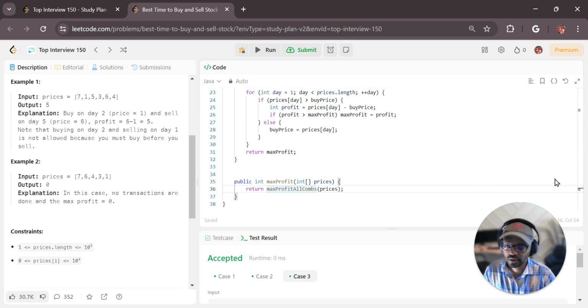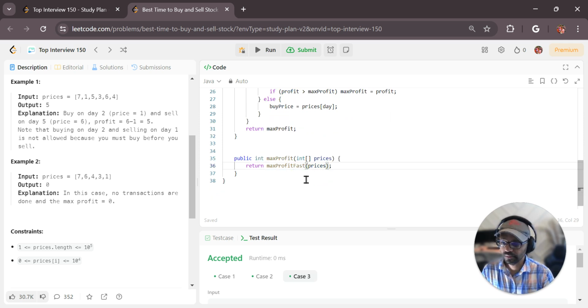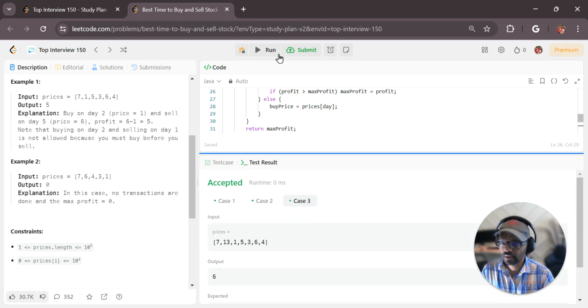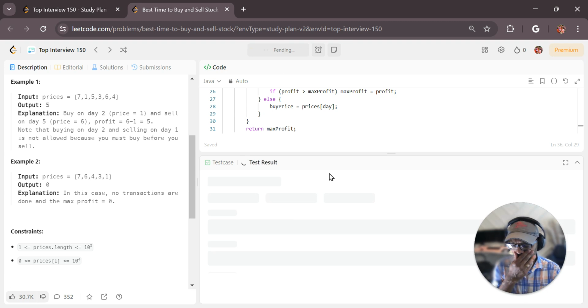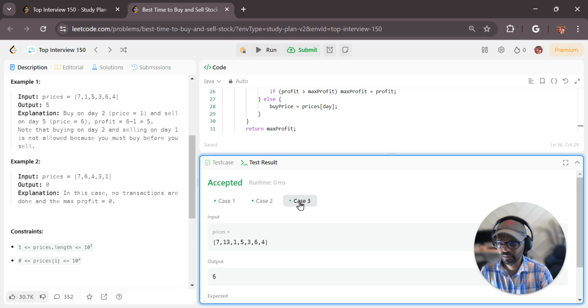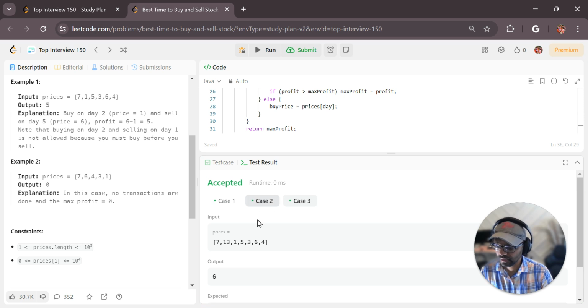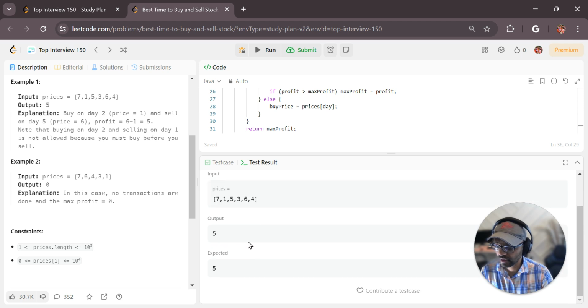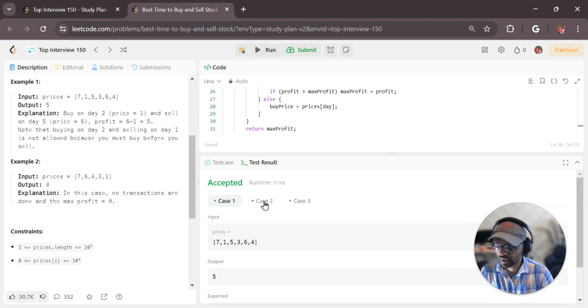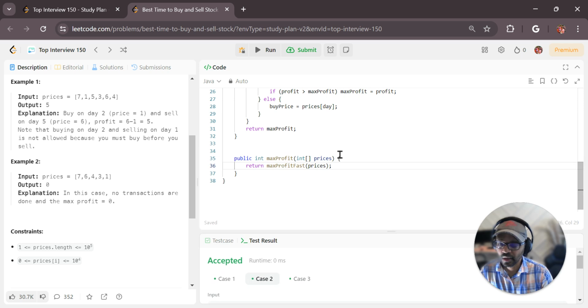Let's try to call that from our main function and run it. Okay, there you go. In this case, the profit is 6 in case 3, and in the test case that they have given, it's 5, and in this case, it's 0. So that all worked pretty well.